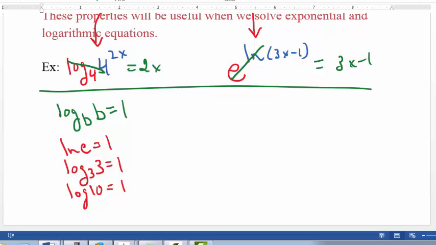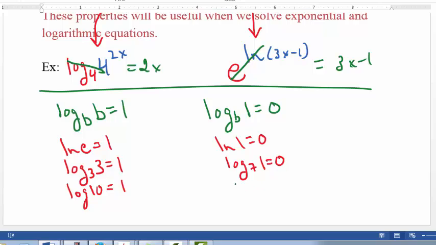The other property is that the log of 1 in any base always equals 0. Specific examples: ln of 1 equals 0, log base 7 of 1 equals 0, log of 1 equals 0.